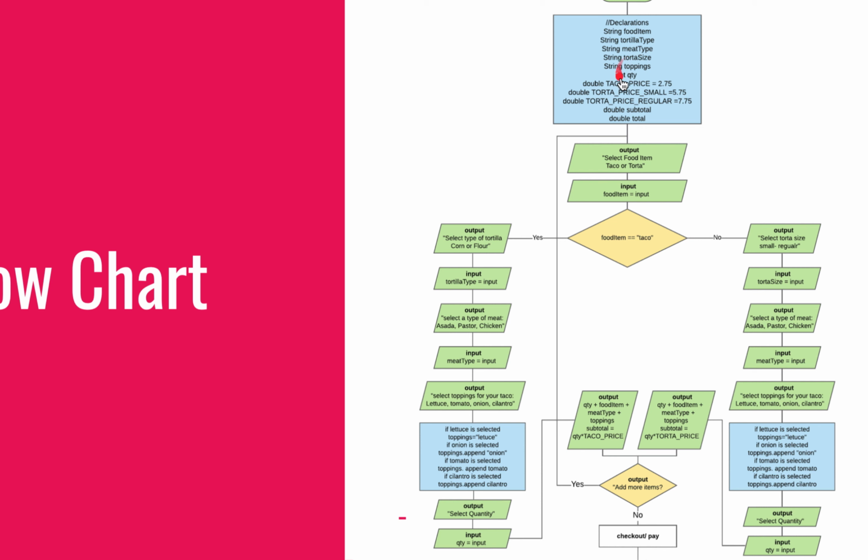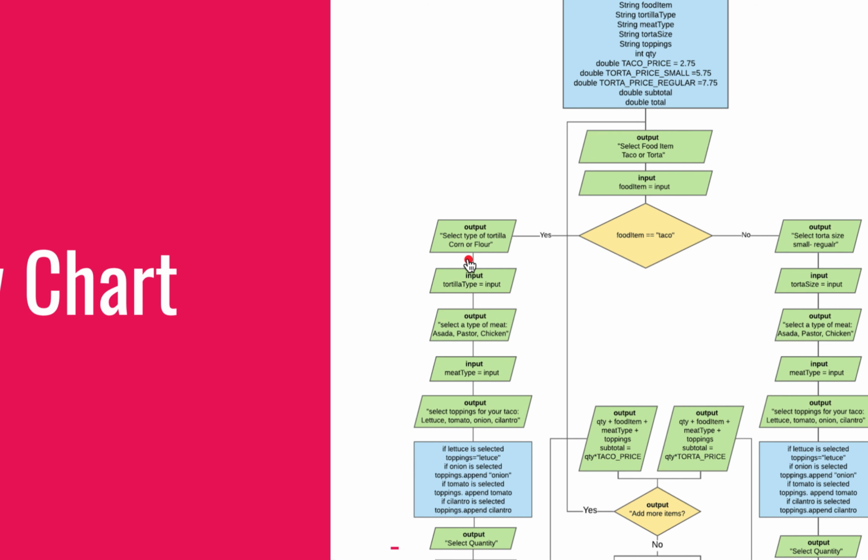These are some declarations for the application. The user would select whether it is a taco or a torta, what they want to order, and then the food item is obviously going to be equal to what they choose over here. And if the food item is a taco, then they come over to this side, and they have to select the type of tortilla, which can be corn or flour.